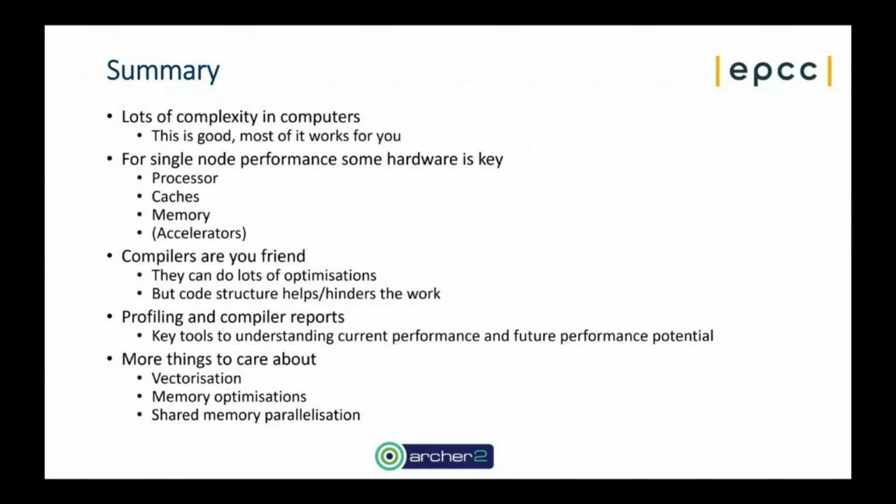For single node performance, the hardware is key, so using processors and caches and memory effectively is very important. But the compiler is your friend, as we've just heard for the last hour. You use it as a starting point and then start zeroing in on where you want to optimize your code by using compiler reports and the profiler. And then you can look at more advanced things like we'll talk about tomorrow, like OpenMP shared memory optimizations, memory optimizations, and vectorization. And that's what we'll focus a bit more on tomorrow.